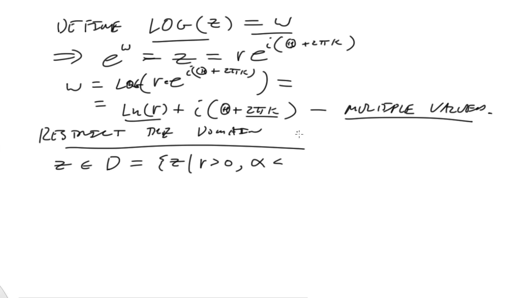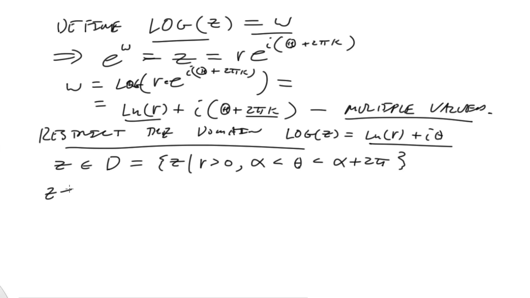We need to restrict the domain so that log of z is equal to some value, natural log r plus i theta. With this definition, we need to define a theta that's between alpha and alpha plus 2 pi. So if we have z equal to r e to the i theta and restrict it within this domain, then this function will always be unique. It'll have a single value.